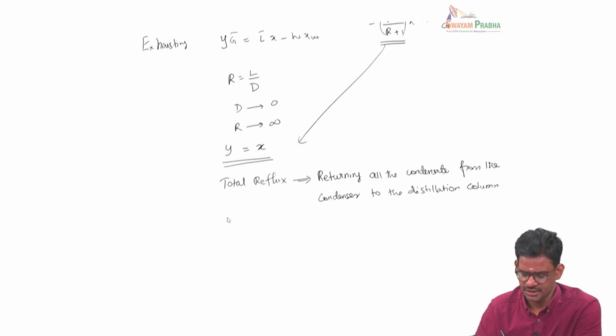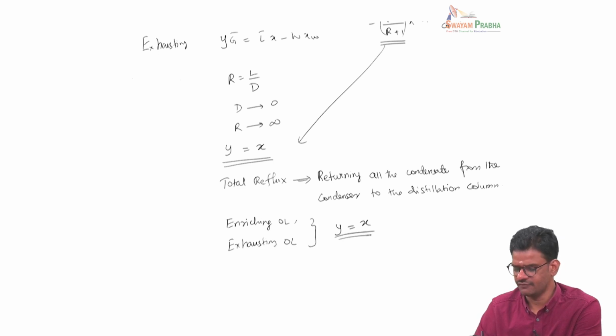Under this condition, the enriching operating line, as well as the exhausting operating line, both coincide with the 45-degree line.